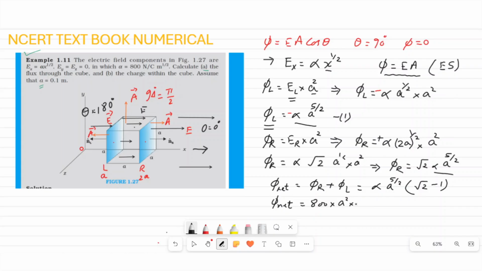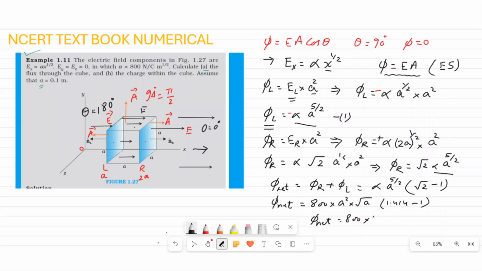Net flux, 800. Square of the 0.1 will be 0.01, that is 1 into 10 raised to power minus 2. Under root A means under root 0.1, that is under root 1 by 10, multiplied by 0.414.